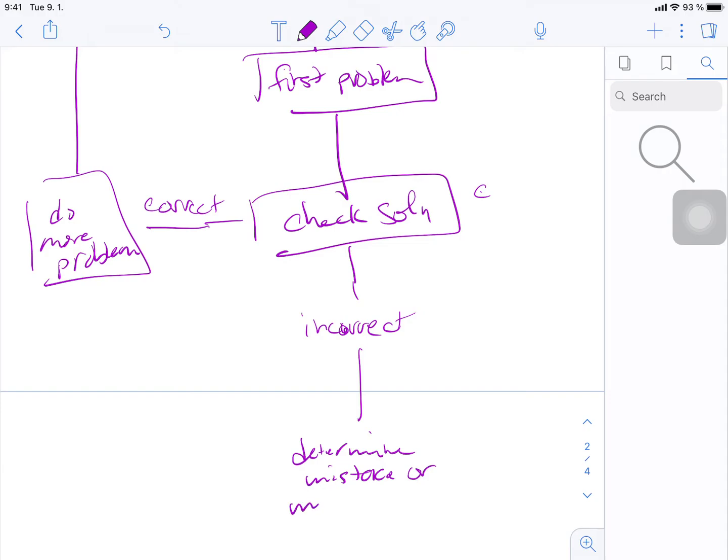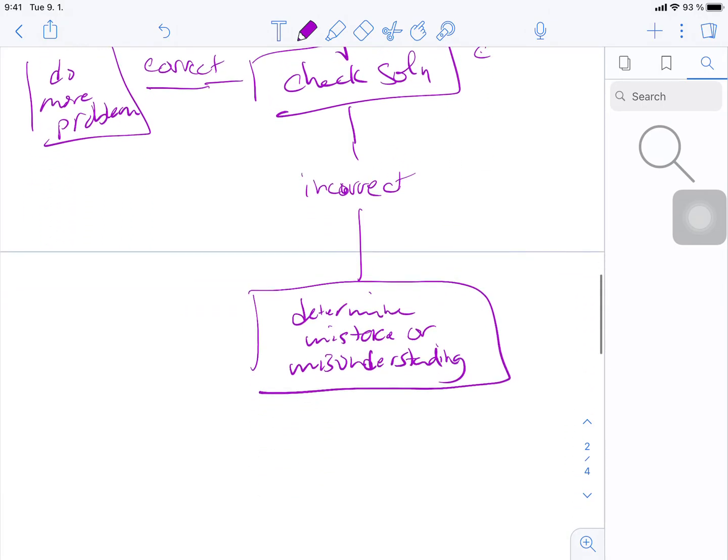or your misunderstanding. By looking at the solutions, they will help you do that. So you're looking at this, trying to find your mistake and misunderstanding. If you are successful here, if you figure it out, that's great.